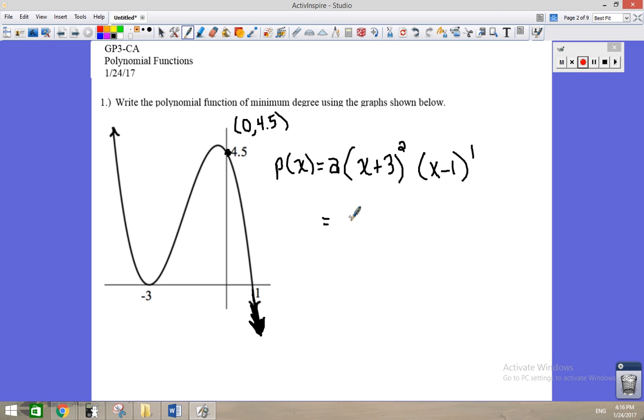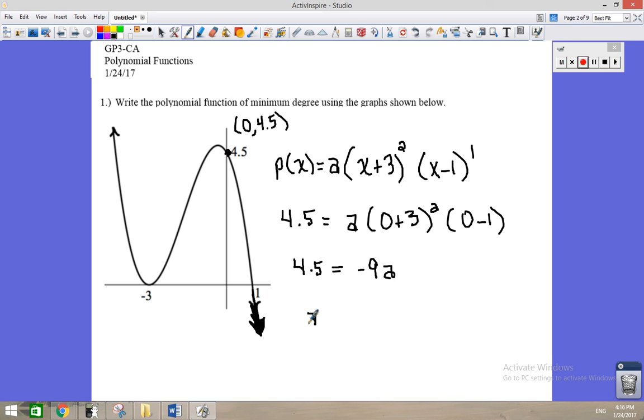So I know that when x is 0, I should get 4.5. Let's solve this for a. I've got 4.5 is equal to 3 squared, which is 9, but times a -1 is a -9, times a. And divide by -9.